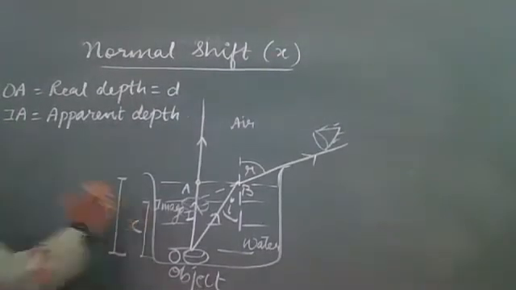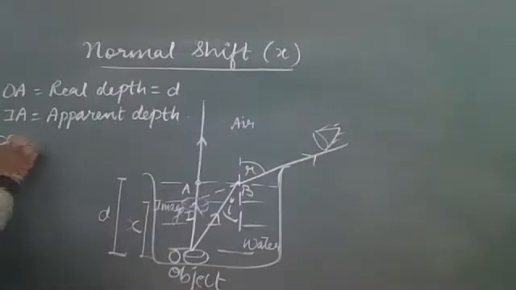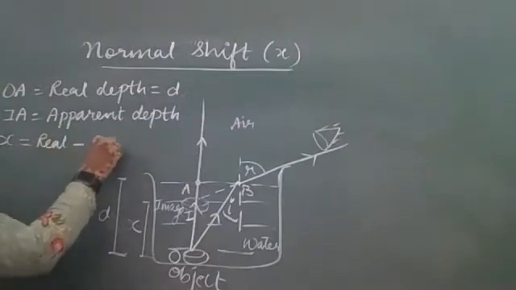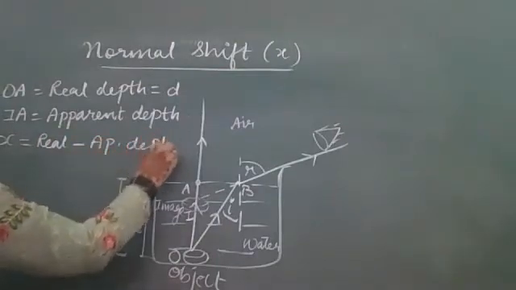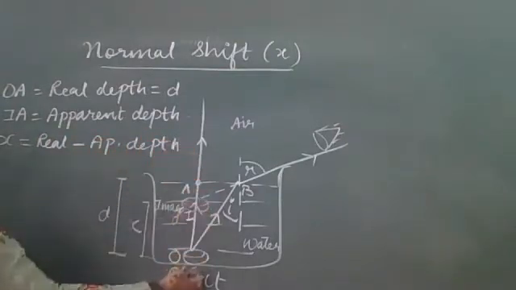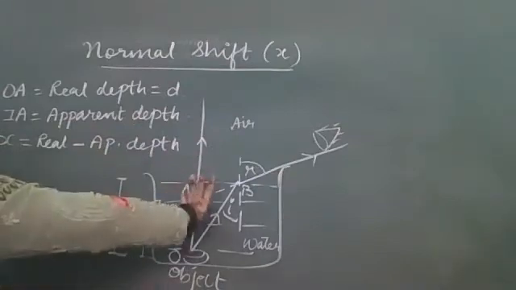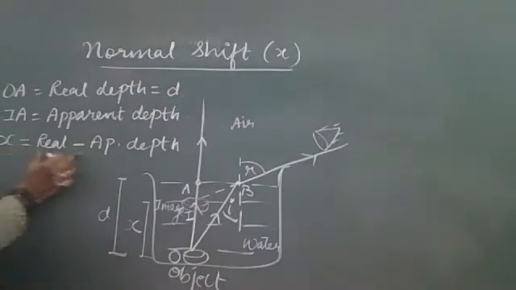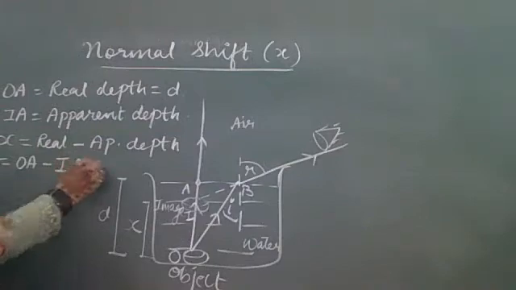So according to our definition, what is normal shift? The difference between real and apparent depth. This is real depth minus apparent depth. If you subtract this from this, you will get x, which is normal shift. So x is real depth minus apparent depth. Let us write: real depth is OA, apparent depth is IA.